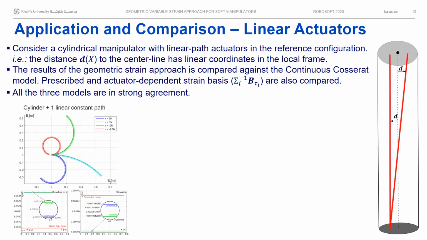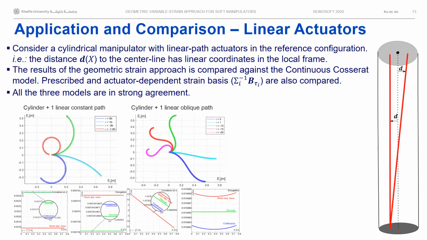In this first example, we consider linear actuators with a constant distance to the midline, which produce the well-known constant curvature shape, which is well captured by all three models. In a second example, we consider still linear actuators, but with an oblique path, which intersects the midline.